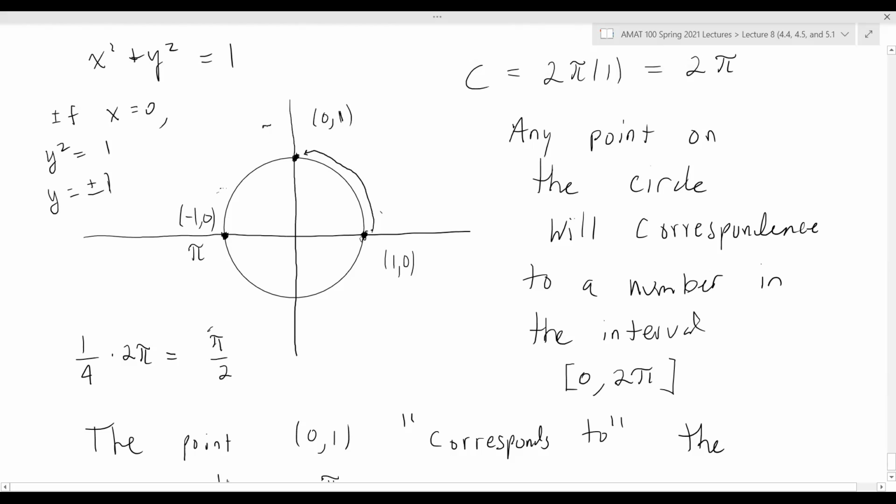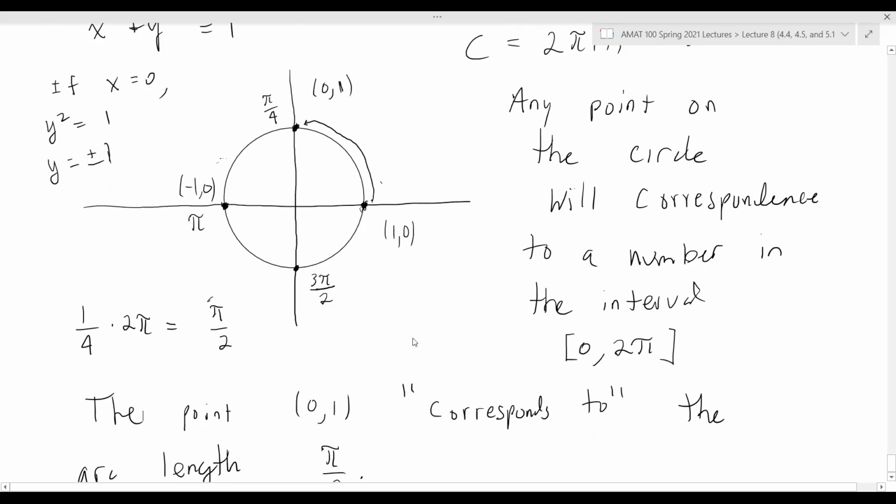So this point right here is pi over 2. This right here is pi, and this right here will be 3/4 of the way, and so that would be 3 pi over 2. So you can get these numbers the exact same way.